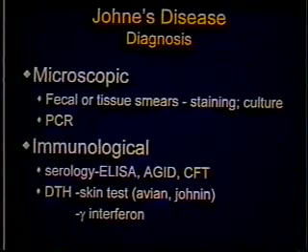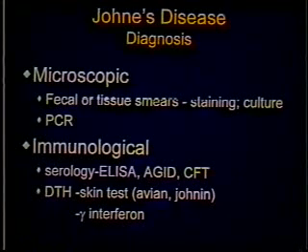Does not usually result in death, but certainly results in unthriftiness of the animal. A thickening of the bowel, as is shown in this slide, and again resulting in this chronic diarrhea and unthriftiness. We may test for Johne's disease in a variety of ways, including attempting to culture the organisms from the feces or from the tissues.